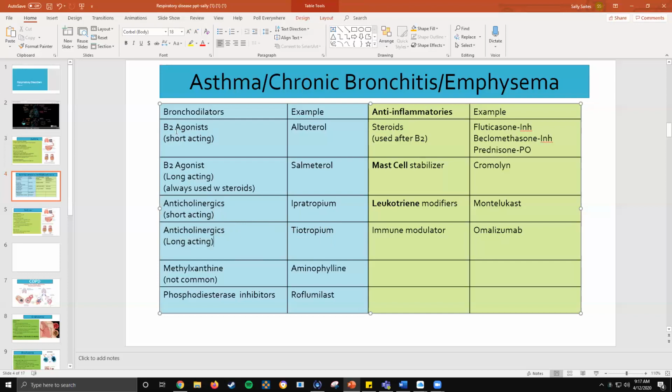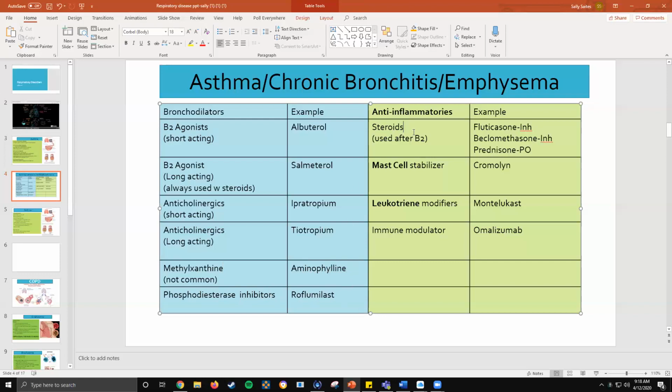So what this means by short and long-acting is these are the rescue inhalers. So the albuterol, the short-actings, are the rescue inhalers, ipratropium and albuterol. Then we have our xanthine or methylxanthine, which is aminophylline or theophylline, and then our phosphodiesterase inhibitors, which is roflumilast.